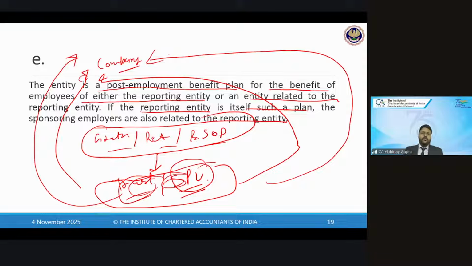Now, what is the objective the standard is trying to achieve by doing so? In IGAAP, have you ever seen these trusts and SPVs considered in the related party disclosures? No. So we haven't ever covered them, but under Ind AS they are covered. Why? To ensure that users come to know, apart from the entity, the subsidiary, the JV and the associate, which other special purpose vehicles or trusts are established by the company in which certain transactions can happen.